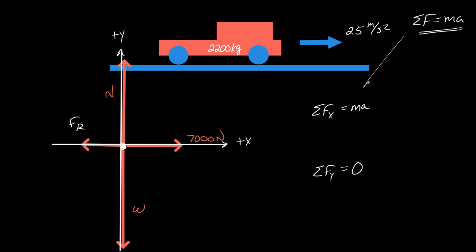Oh, good. Well, that means that 7,000 minus FR equals MA. Add up all the forces in the x direction, which means 7,000 is in the positive direction, FR is in the negative direction. Add them up, set them equal to MA. And then normal minus weight equals 0.